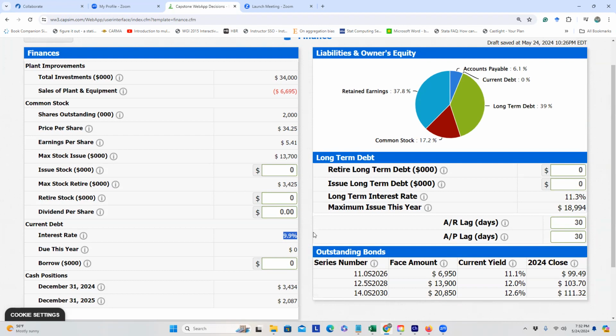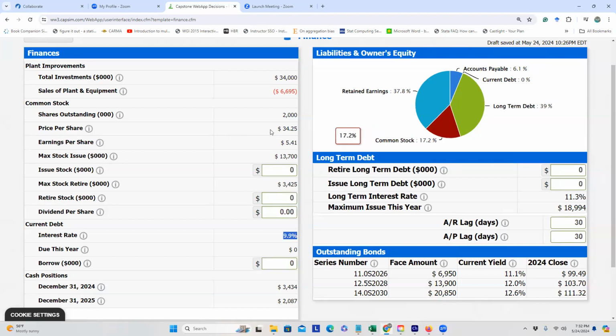So this will cause a problem in terms of your ability to invest your money into different operations each round, if you continue to rely on current debt. What I would say is issue long-term debt. If you have surplus of cash, you can always repay. And if you really don't need it, you can buy back stock, you can do all of these things as required.